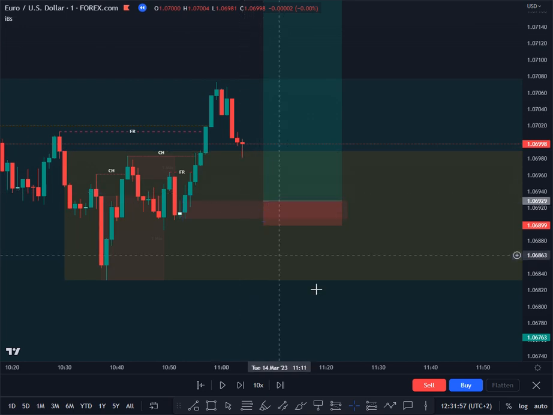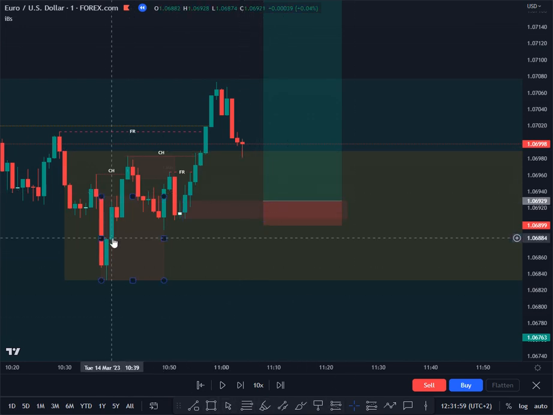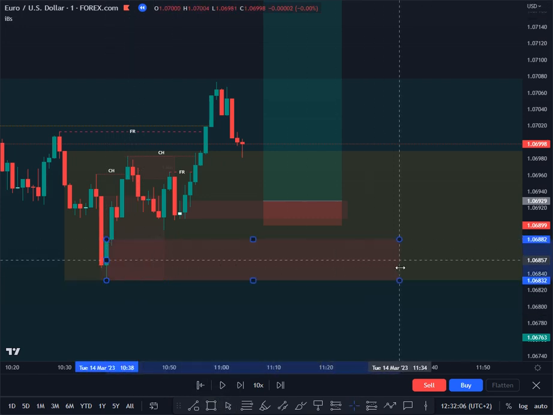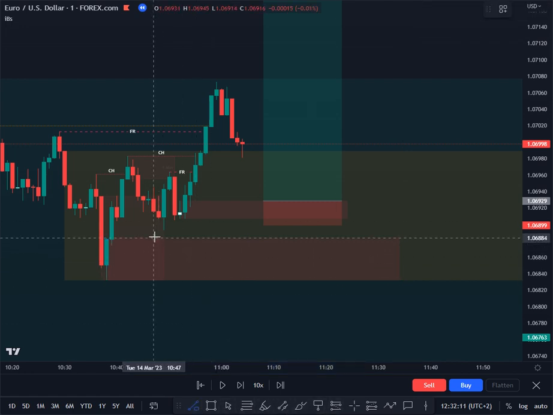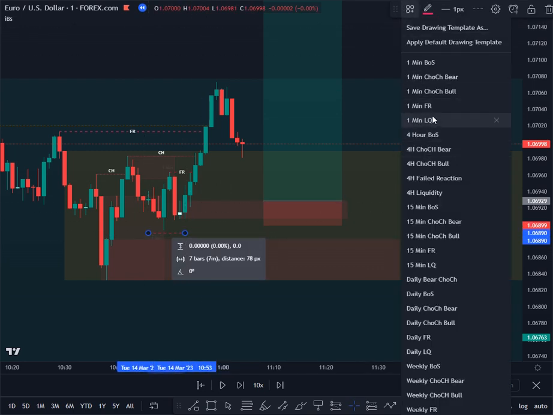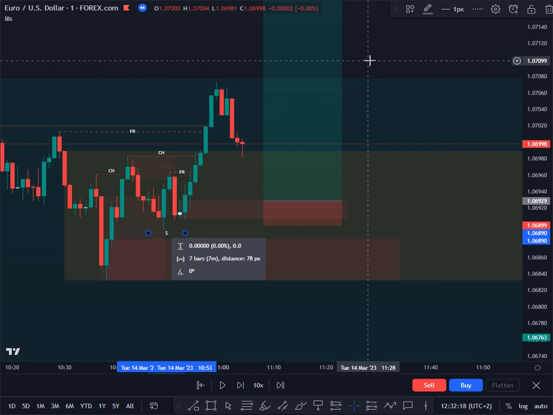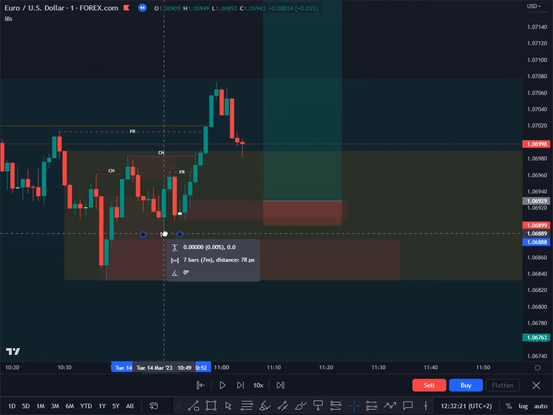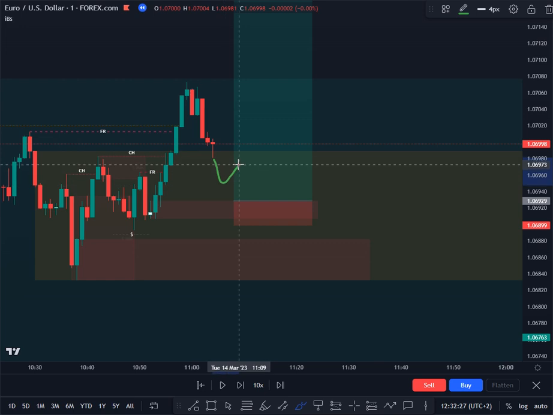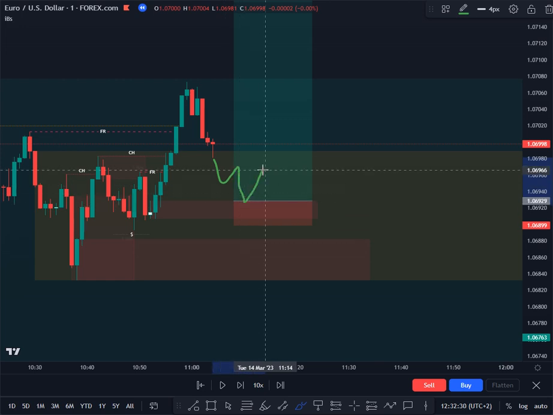Now if this zone fails, because there's another zone down here below that is essentially still valid, in the sense that, how can I put this, we have liquidity before the zone, in which the market can come in and react from the zone.